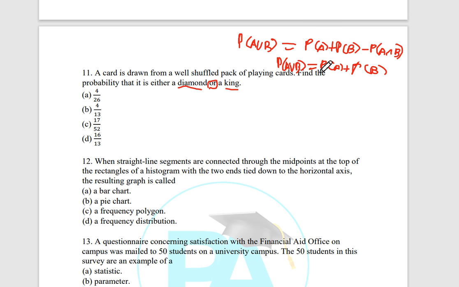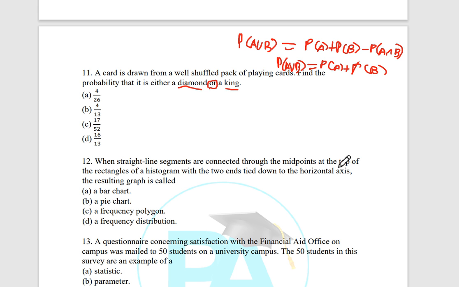So which of these two formulas are we going to use for this question? When there is an intersection, that's when you use the first one. But when there is no intersection, that's mutually exclusive events, we use the second one. So let's see which of them we are going to use.